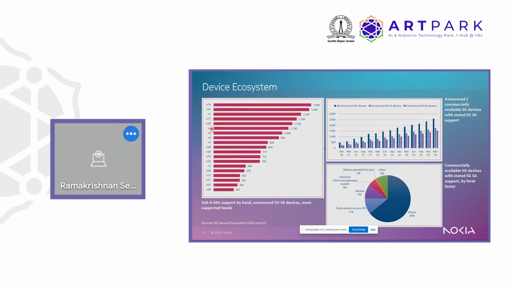N3, N5, and N8 are the 1800 megahertz, 850 megahertz, and 900 megahertz bands. And of course N40 is another band that Jio and Bharti Airtel have. So all these India specific bands are among the most popular bands in the device ecosystem.